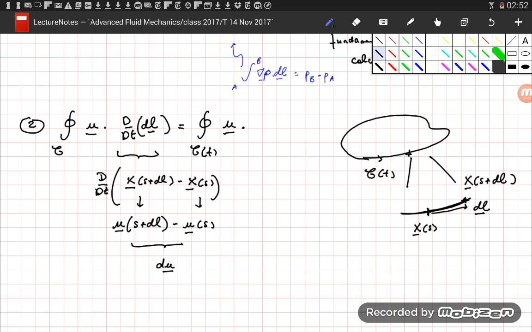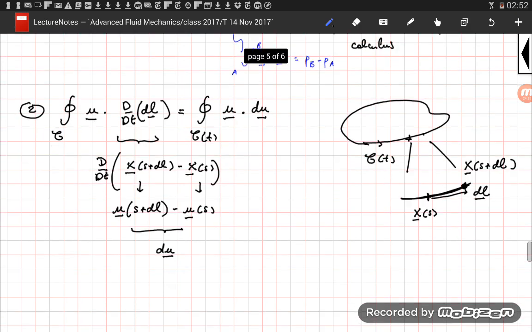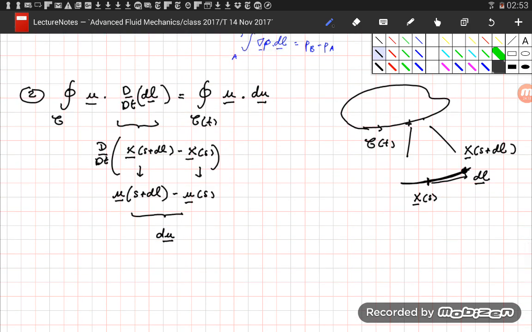It's the change, the difference in velocity between this point here and that point here, so we can call it du along the contour. And therefore we can integrate, right? This is an exact differential. So this is equal to u dot du.